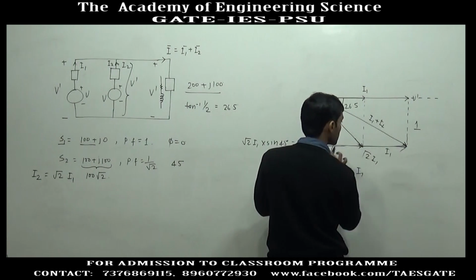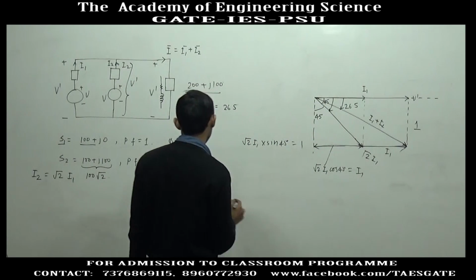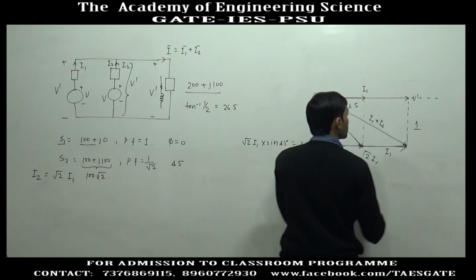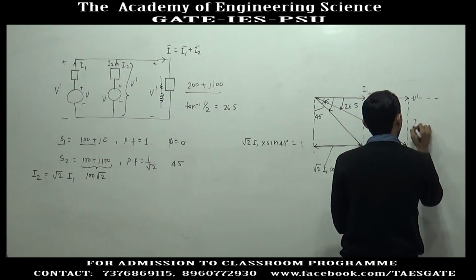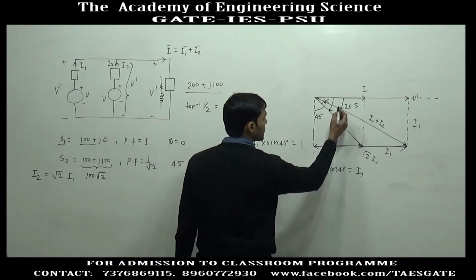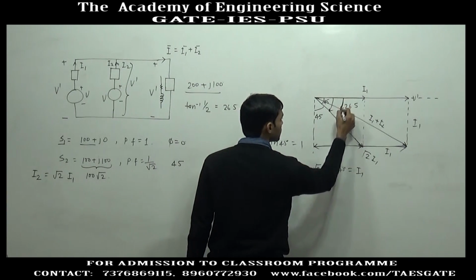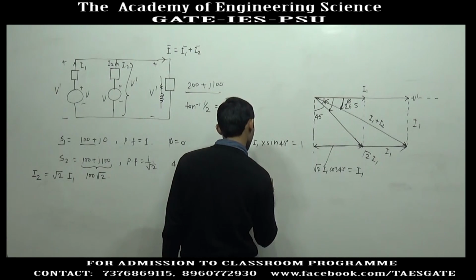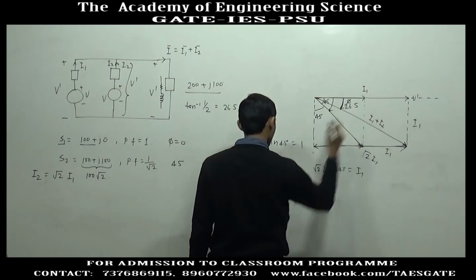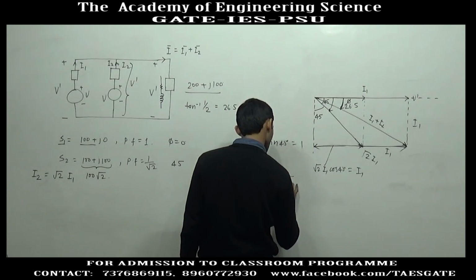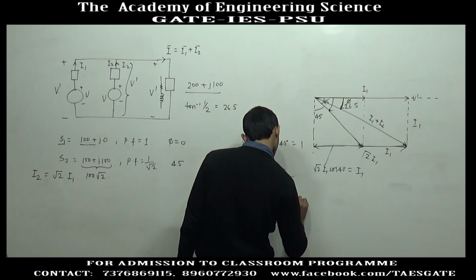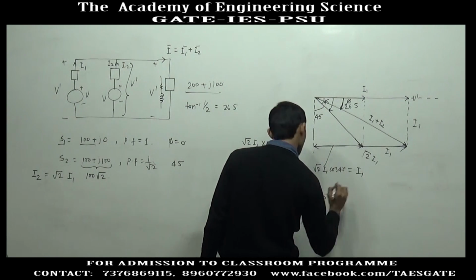So the total length here is I1 plus I1, that is 2 I1. The height is I1 and the total length is 2 I1. So tan phi will be equal to height over base, that is I1 over 2 I1, and phi will be equal to tan inverse 1 by 2, that is 26.5 degrees.